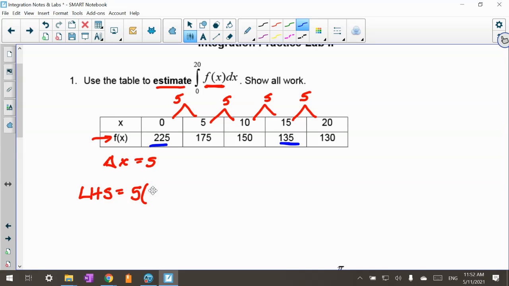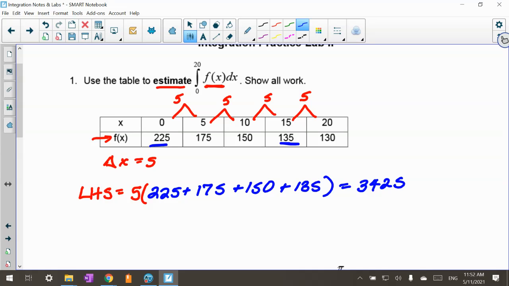So it's going to be 5 times 225 plus 175 plus 150 plus 135. So it'd be like 5 times this, 5 times that. That's how the left-hand sum would be, and I would put it in my calculator. I get 3425.